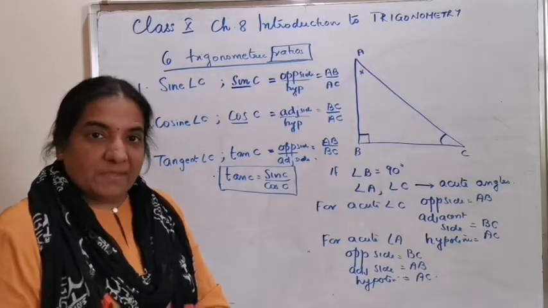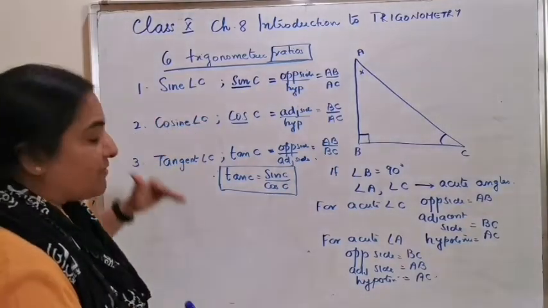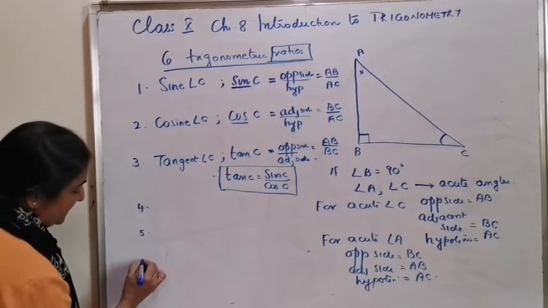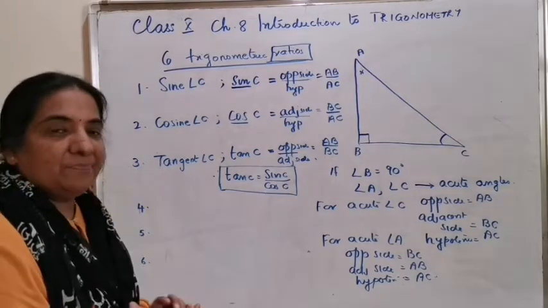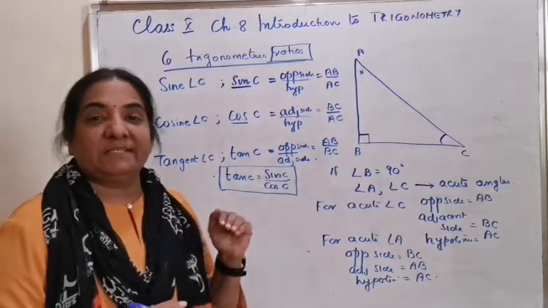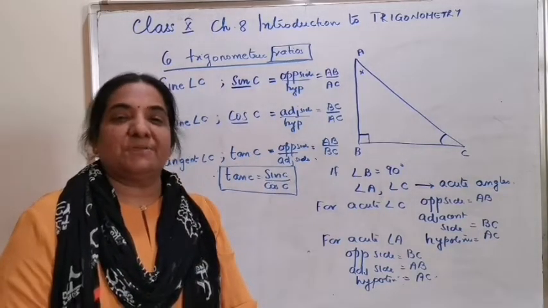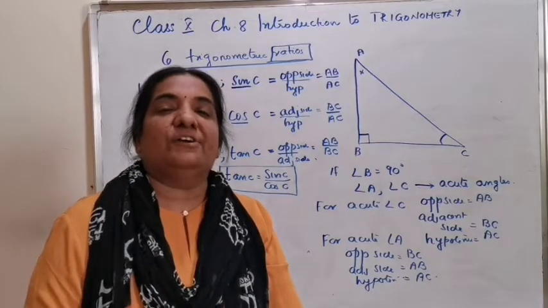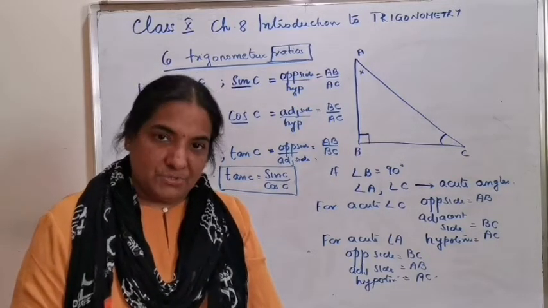And now the next three ratios, the fourth, fifth and sixth, are related with the first three ratios. Actually, they are the reciprocals of the first three ratios.